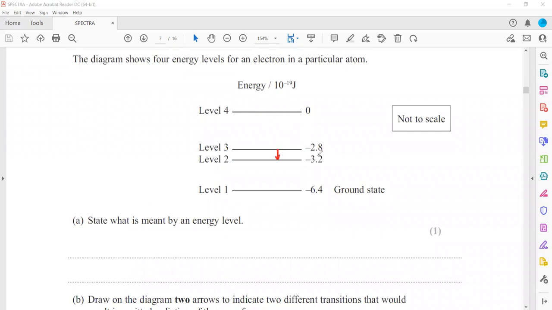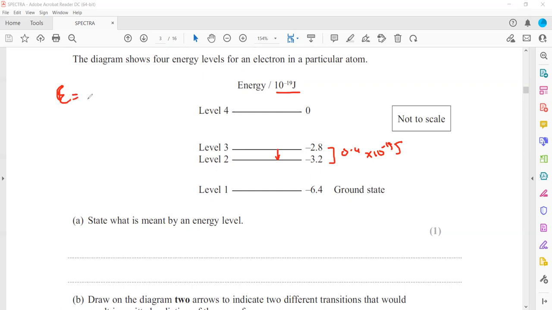Because in the question they're asking for the smallest energy or frequency which is emitted out or given off or absorbed, we need a smaller gap between the two levels. So how much is this gap? That is 0.4 × 10^-19 joules. This is the energy which the photon carries, and using this energy we can work out the frequency.